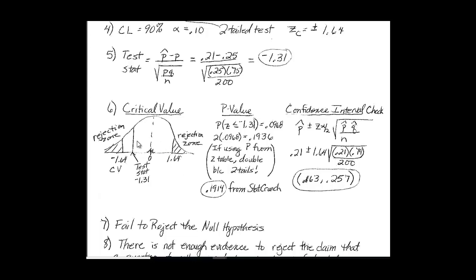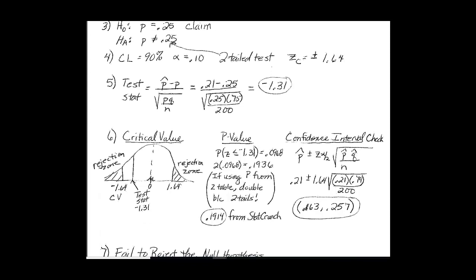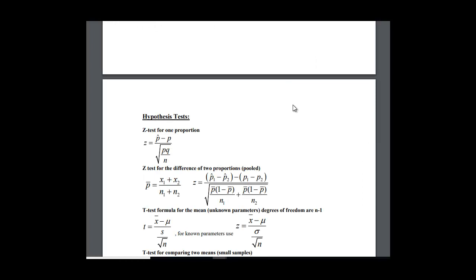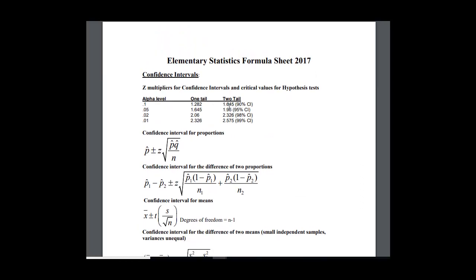If we were going to do the confidence interval check, now this is where I actually would use the p-hat. P-hat, remember, was 0.21 plus or minus the 1.64, and you're like, how did I get that z-score again? You need to remember we got that from our formula page. We were doing a 2-tailed test. This is a confidence interval with 2-tailed. Back to our notes.